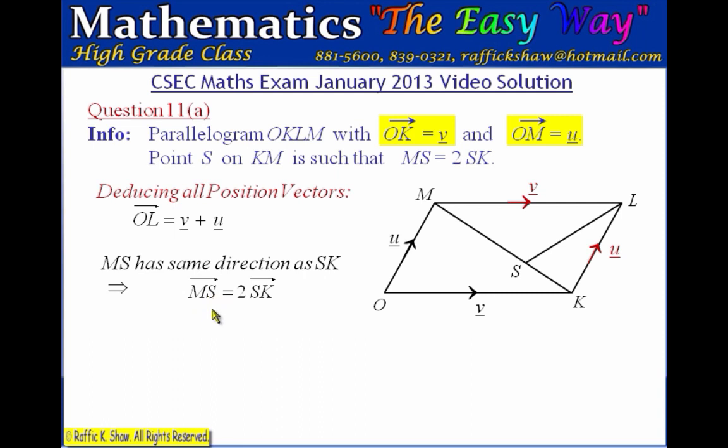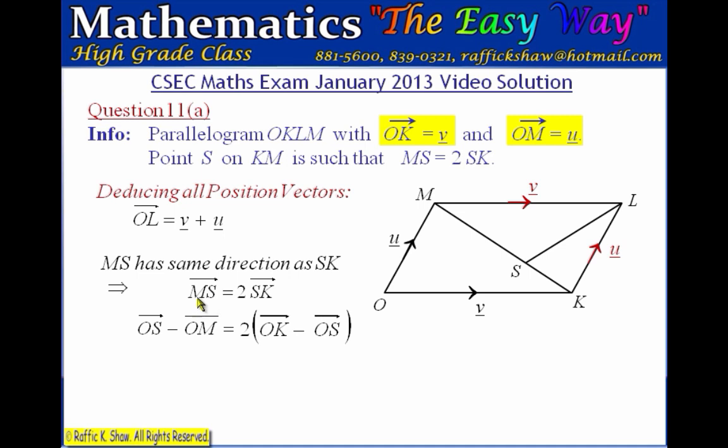And in vectors, we solve for an unknown position vector by splitting this vector equation into position vectors. So we will split this displacement vector MS into its position vector components, and we will also split this displacement vector SK into its position vector components. The vector MS can be written as OS minus OM.